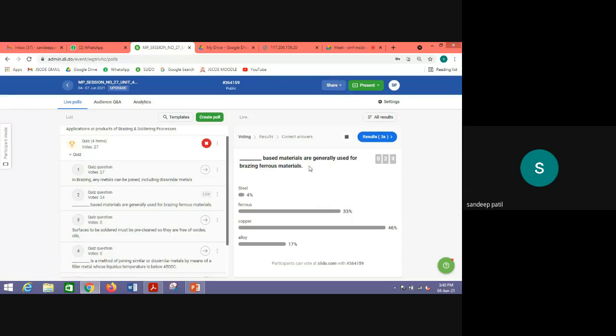So let us see the answer. The answer is copper. So copper based materials are generally used for brazing ferrous material. We had the discussion on the copper zinc alloy also, that zinc percentage more than 70% cannot be used, up to 40% can be used.